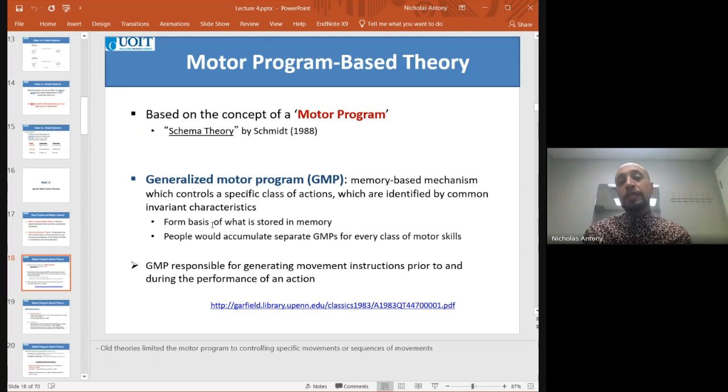It was developed in the 1980s by this guy named Schmidt, in the main initial motor control textbook. He developed what was called the motor program-based theory, or the schema theory. It was based on this idea of a generalized motor program, like a computer program, which is the common invariant features for a particular type of skill, right?